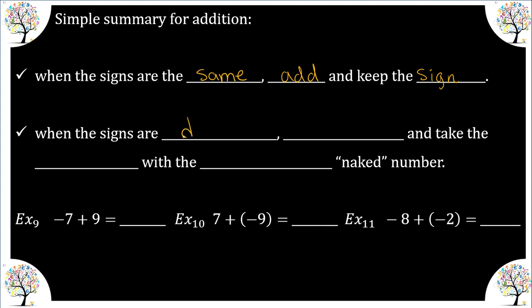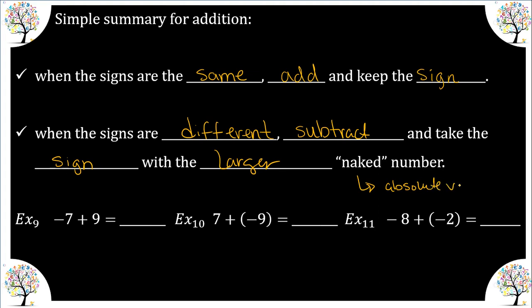But when signs are different, so if we have a negative and positive, we're going to subtract and then take the sign with the larger naked number, also called the absolute value. So if we have -7 plus 9, these are different, so we're going to subtract and get 2. We have more positives, so our answer remains positive.